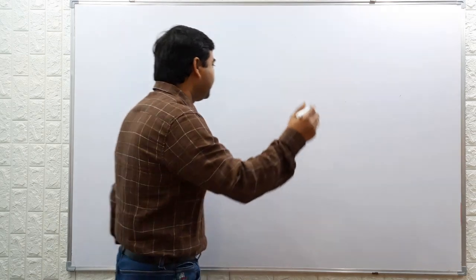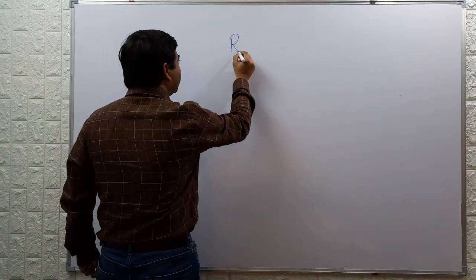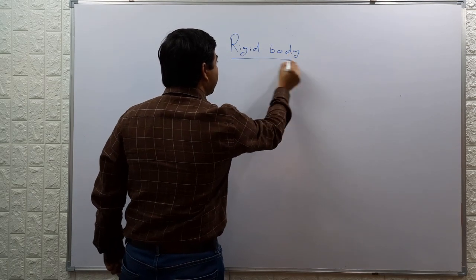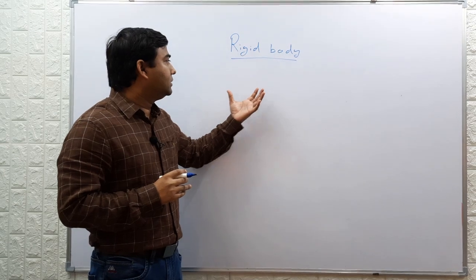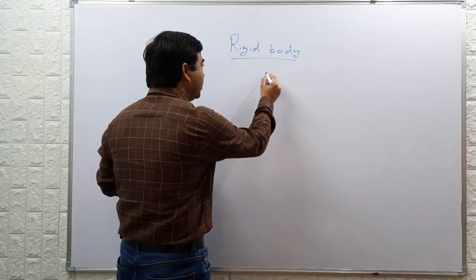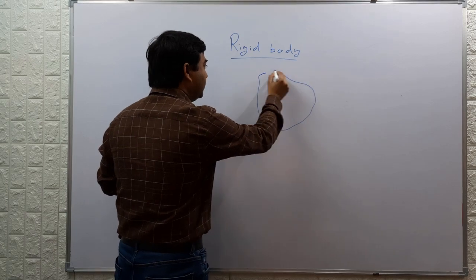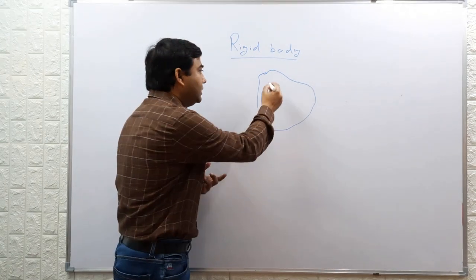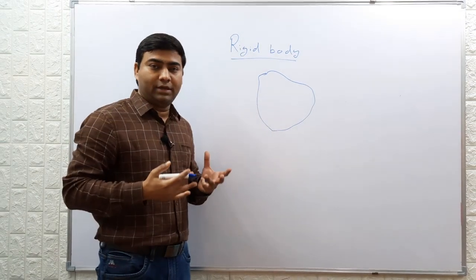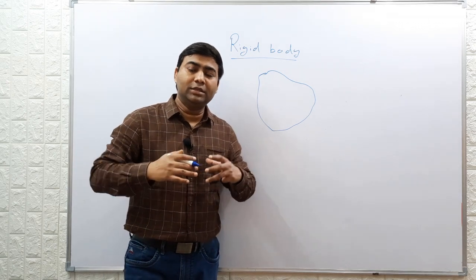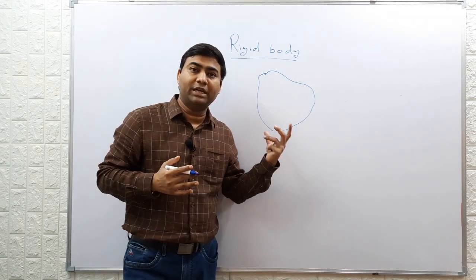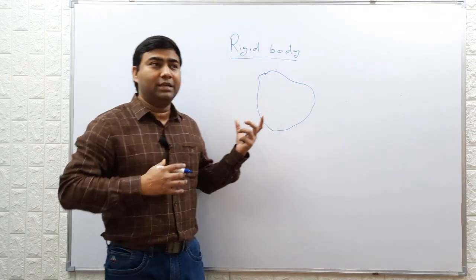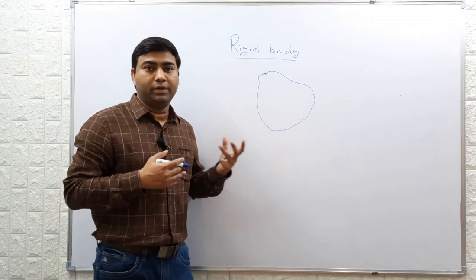So first of all, rigid body. A rigid body means a body of finite dimensions, made of some material, which is not deformable. Practically, there is no real object which is completely ideal; all objects are deformable.